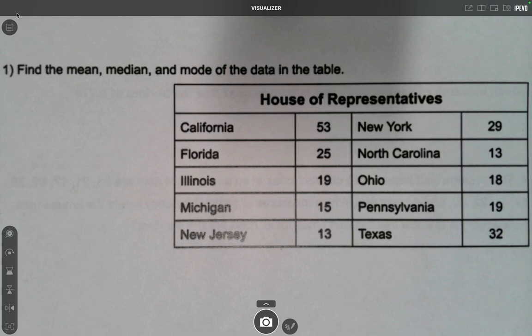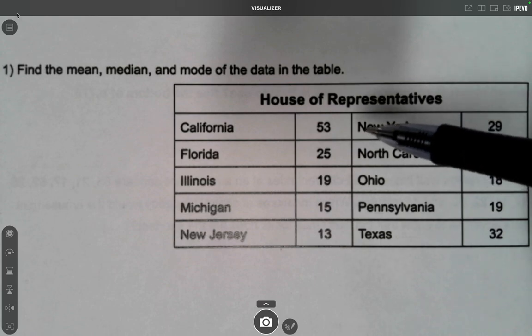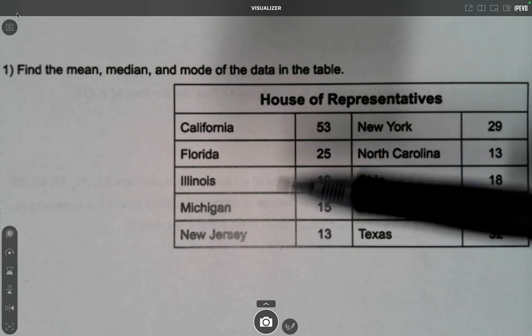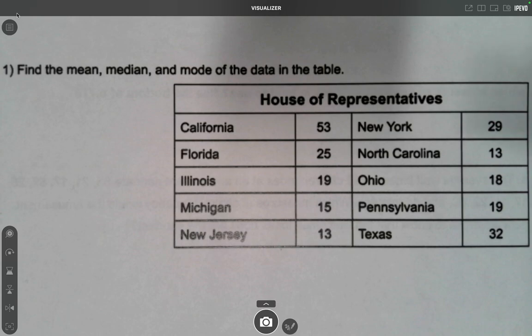But in the House of Representatives, it's based on the population of your state. So the more people you have in your state, the more people you're allowed to send to the House of Representatives. That's why you can see California has such a large number, because they're the most populous state. New York's is also big, Florida's is big, Texas is big, because they have lots of people. These other states I have listed are more medium in population, so they have lower numbers.